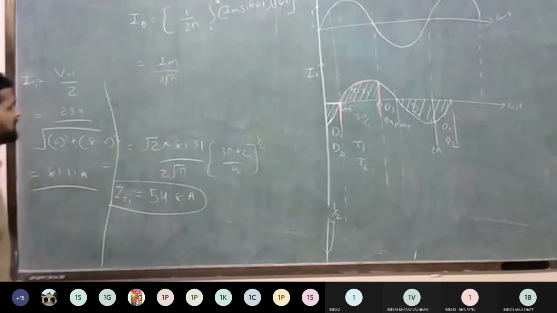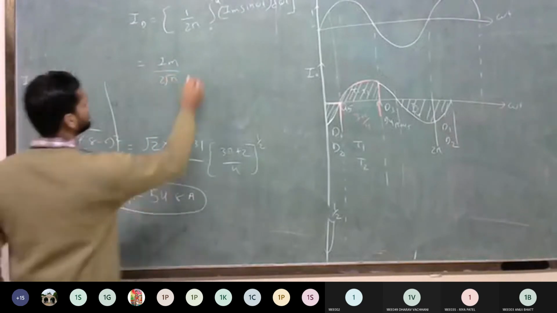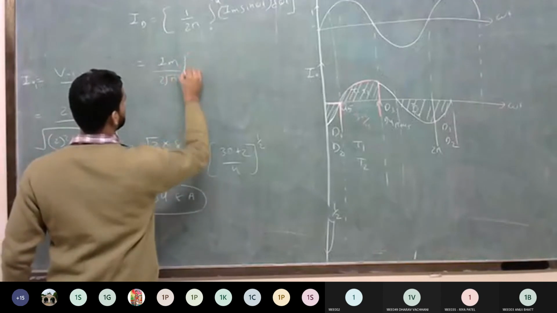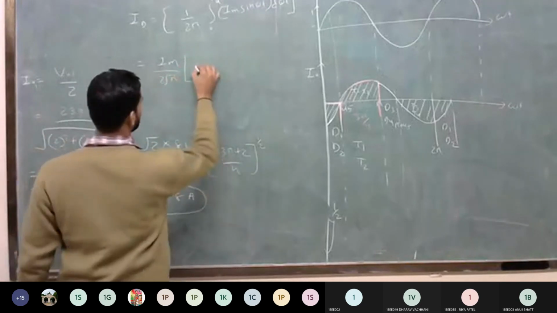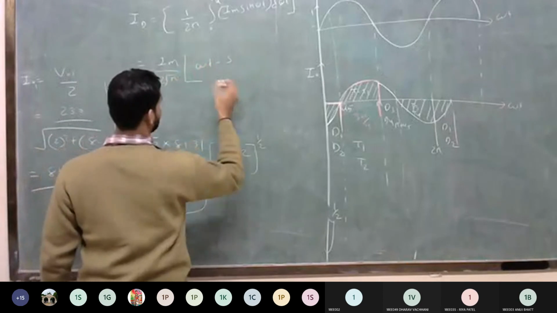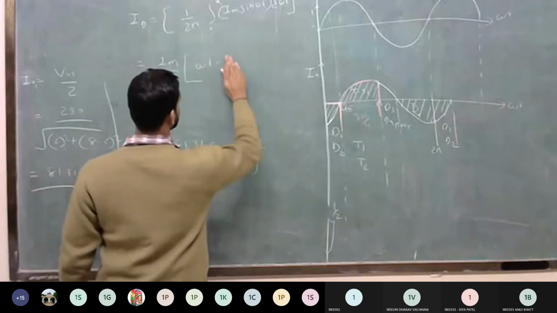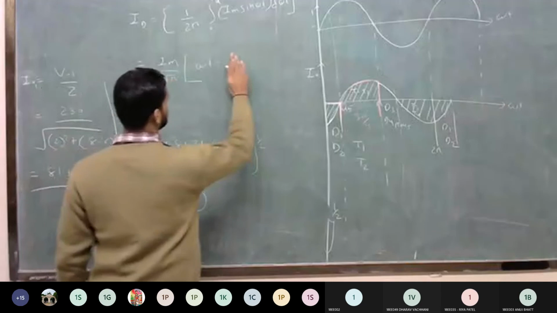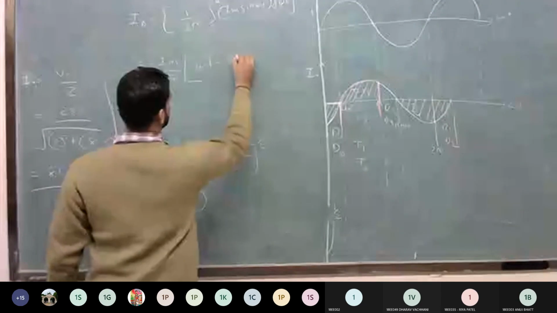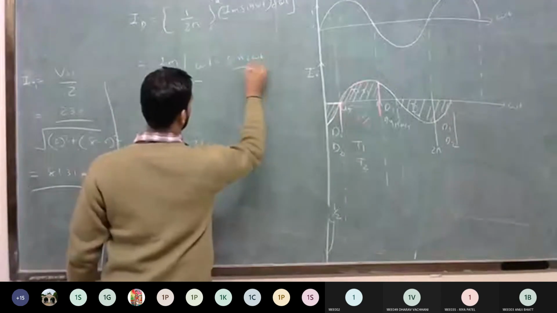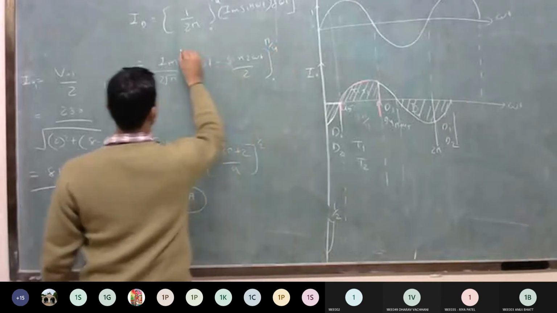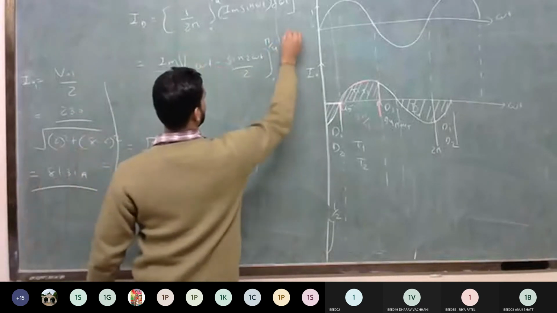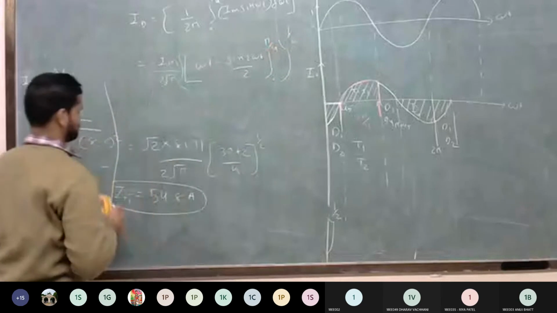Im divided by 2 square root of pi. Directly convert to 1 minus cos 2 omega t; integration gives omega t minus sin 2 omega t divided by 2, from 0 to pi by 2, and that is raised to 1 by 2.